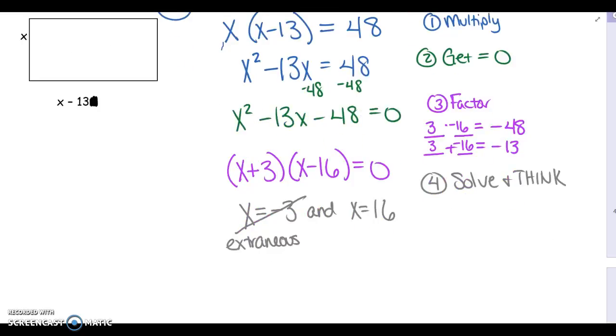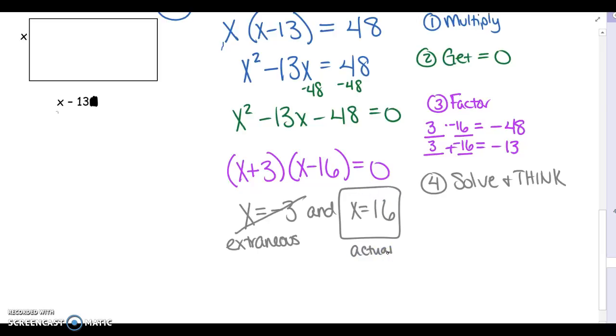An extraneous solution is a solution that appears to work based on how we solve the problem. So mathematically, x equals negative 3 is a solution. But realistically, because we're talking about length of sides, negative 3 and negative 3 minus 13 would give us negative side lengths, and that's not possible. So x equals 16 is our actual solution.